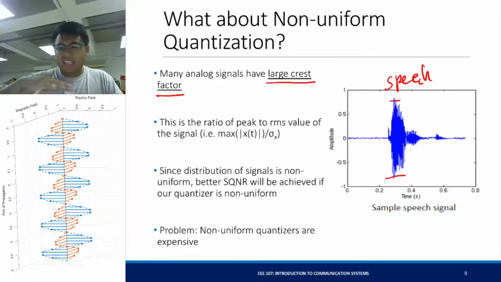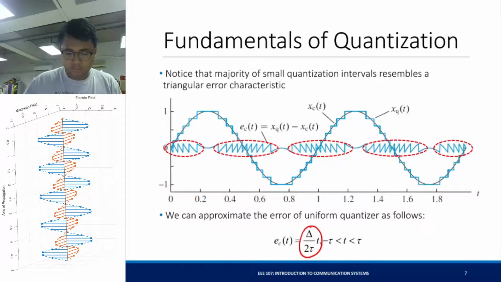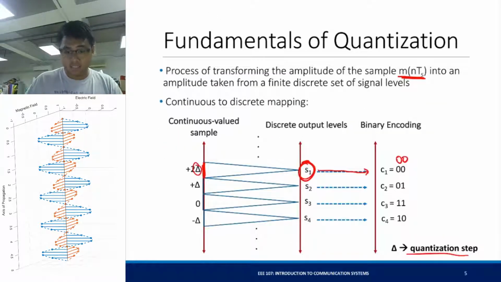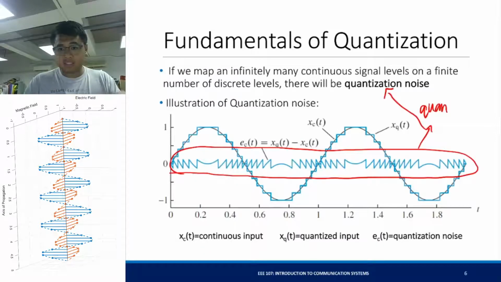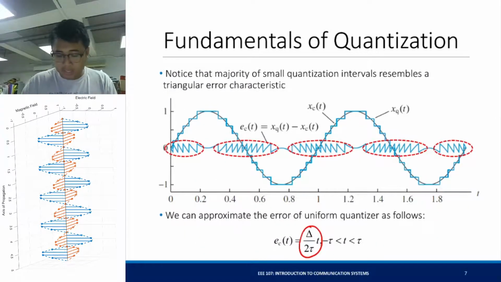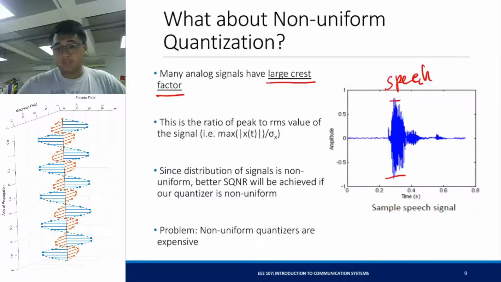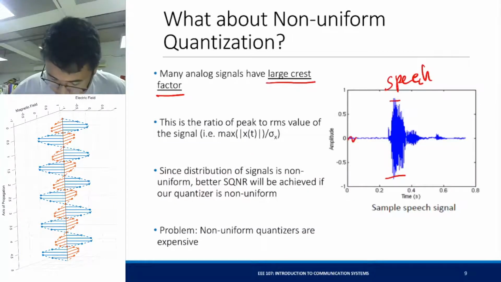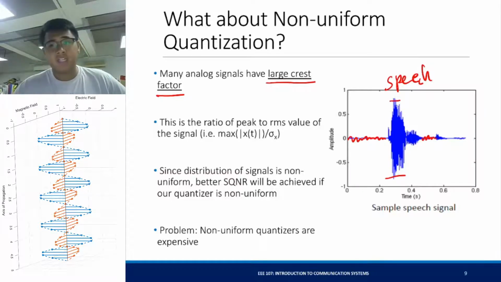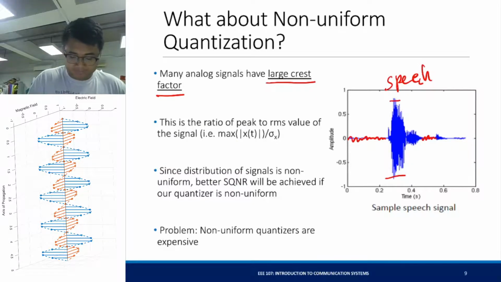If we quantize it using a uniform quantizing scheme like this, where the range of values are equal, then the smaller signals will disappear from the speech signal. The one that fluctuates in a very small way here will disappear. So it would be better if we use a non-uniform quantization. What is that?